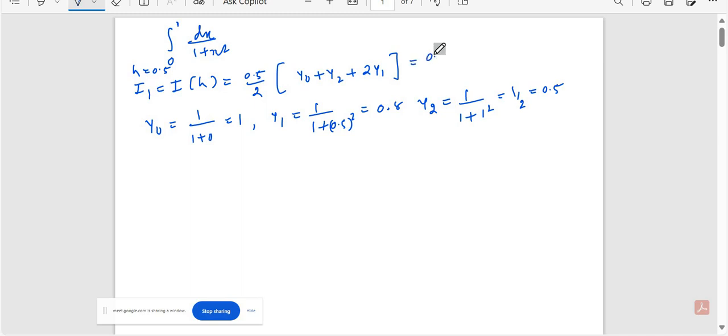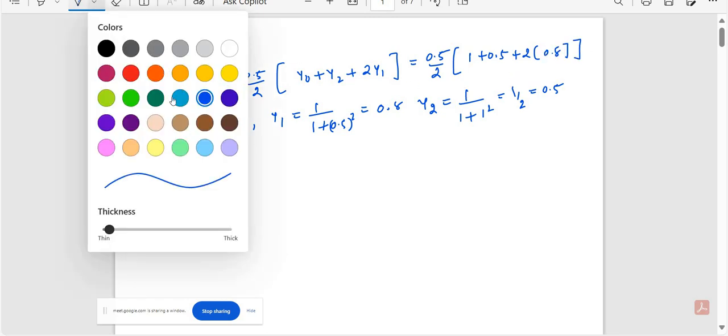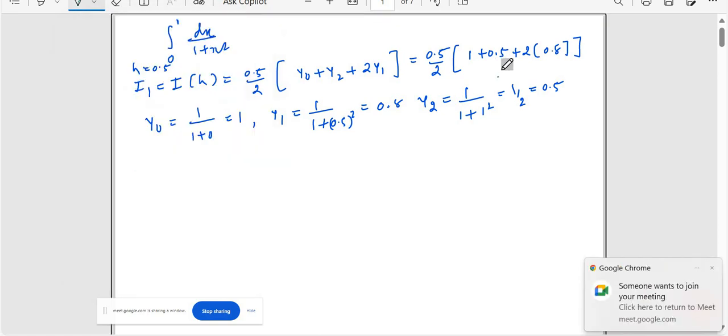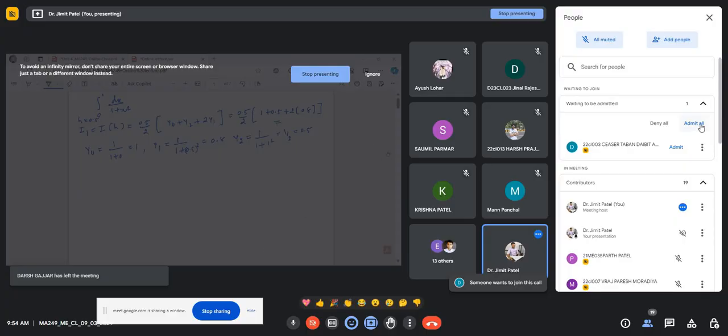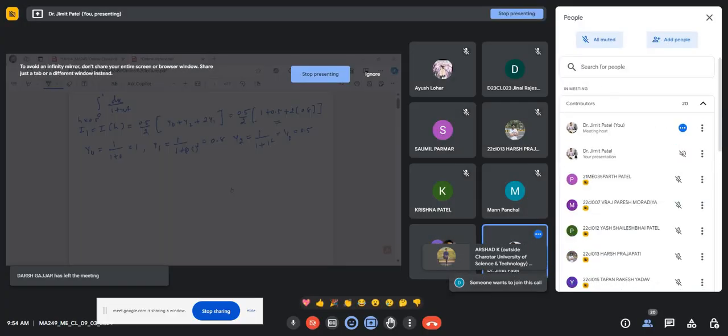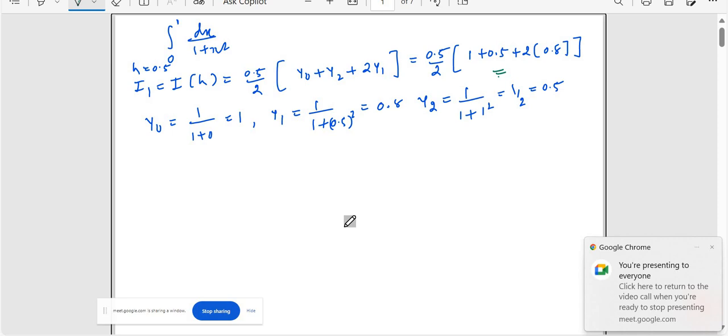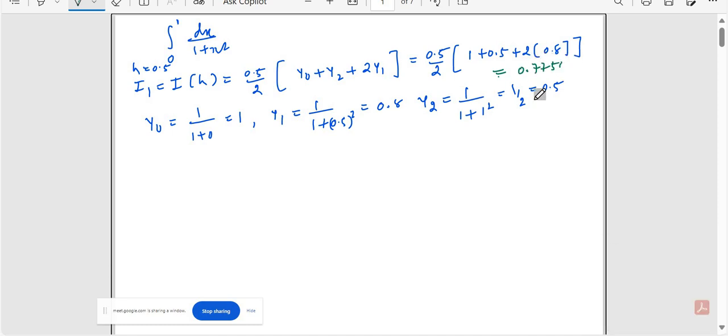Okay, so this will be 0.5 divided by 2 times y0, which is 1, plus y2, which is 0.5, plus 2 times y1. y1 is 0.8. Now tell me what is the answer of this first integration, I1? 0.775. 0.7750, I think, because we need up to 4 decimals.